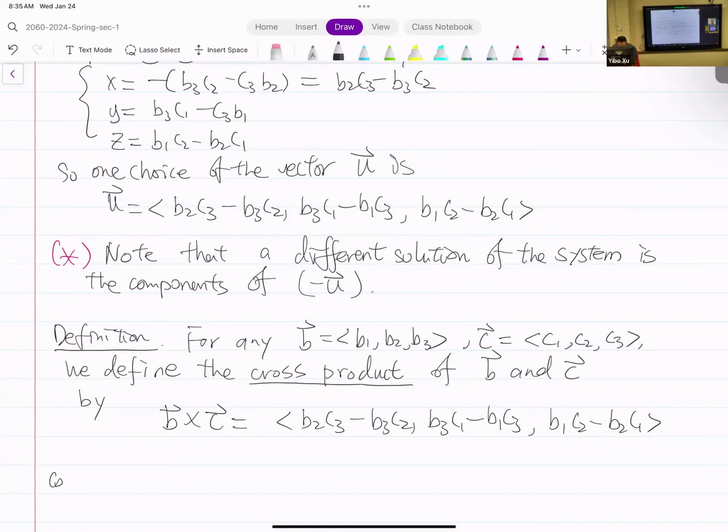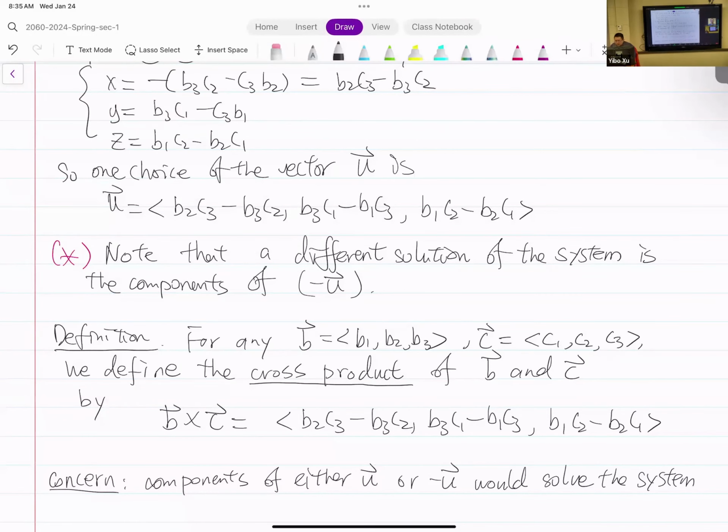So concern. Components of either u or negative u would solve the system, right?